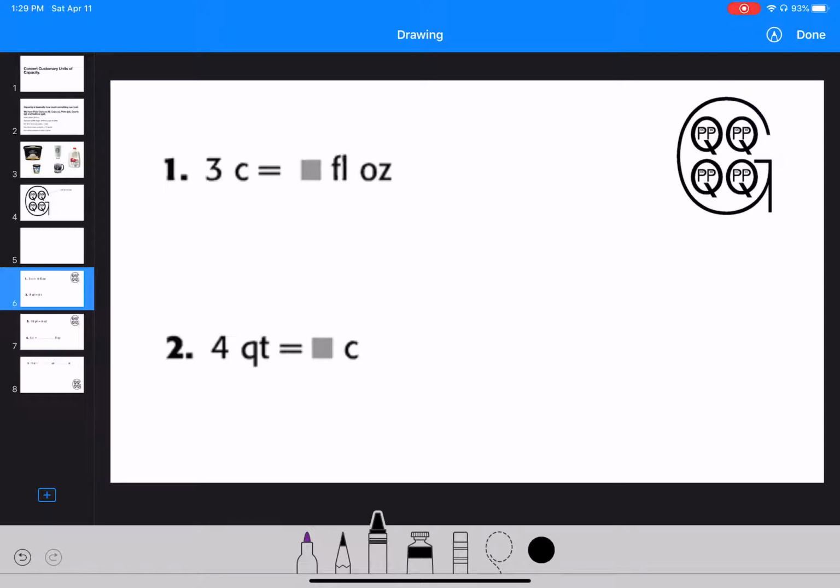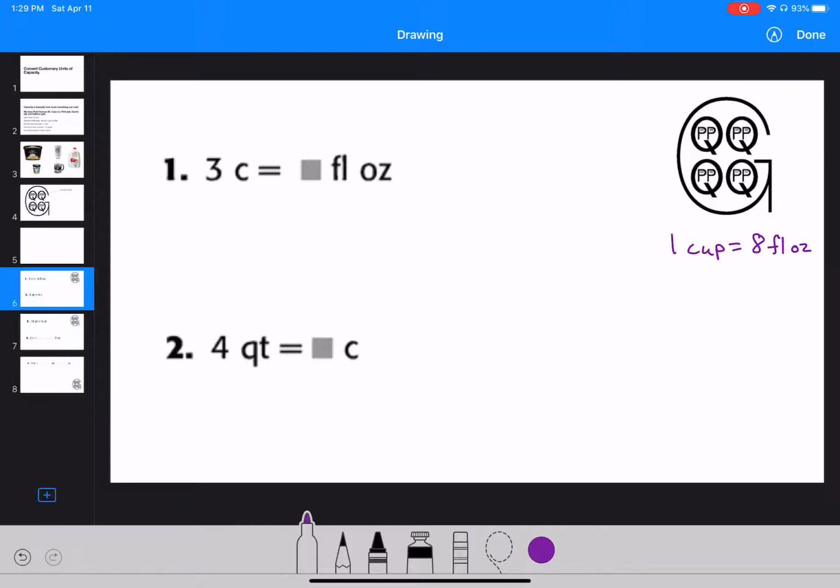So first off, this one's talking about how many, or 3 cups equals how many fluid ounces. Now again, 1 cup equals 8 fluid ounces, and that can't fit on our gallon G, so you just kind of have to know that. But you're welcome to always write down this gallon G and write down that information as well prior to doing any problem and any quiz.